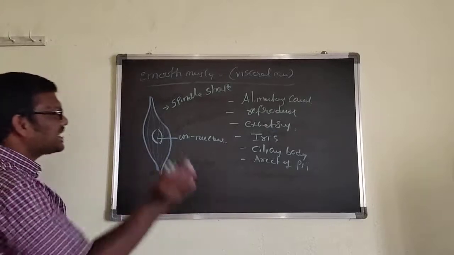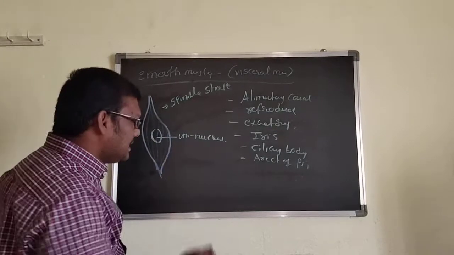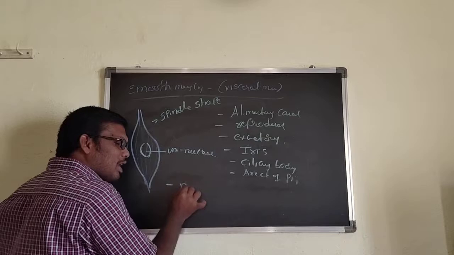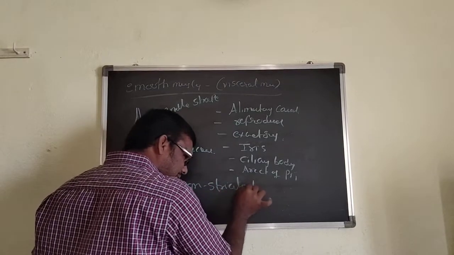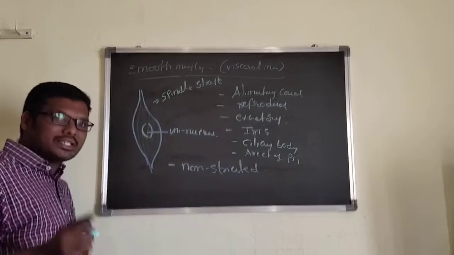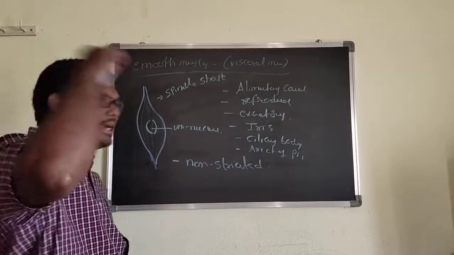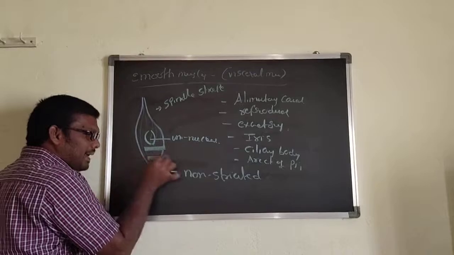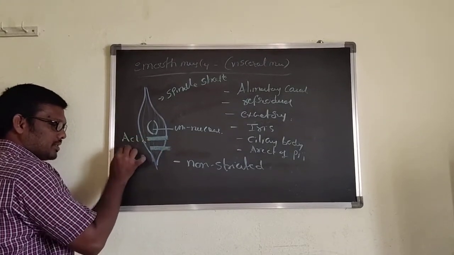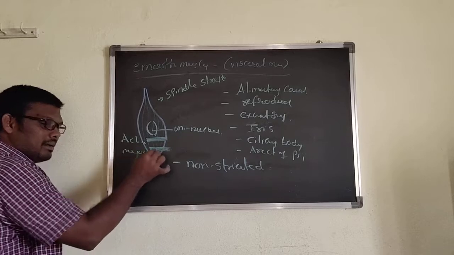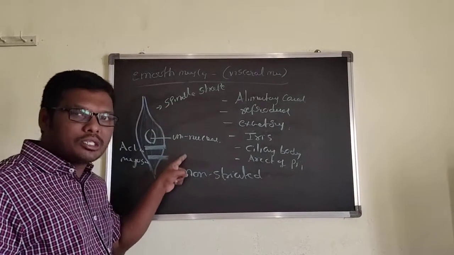Now, what are the characteristics of smooth muscle? See, smooth muscle is non-striated in nature. If you go for skeletal muscle, it has a striped appearance due to the presence of actin and myosin. But here, is actin and myosin absent?